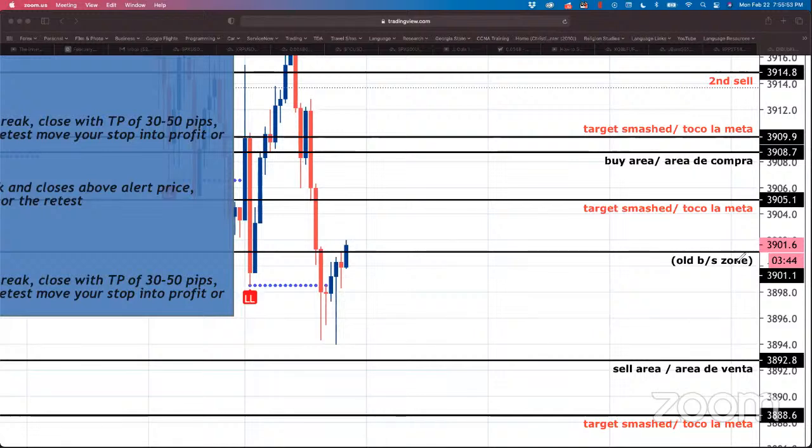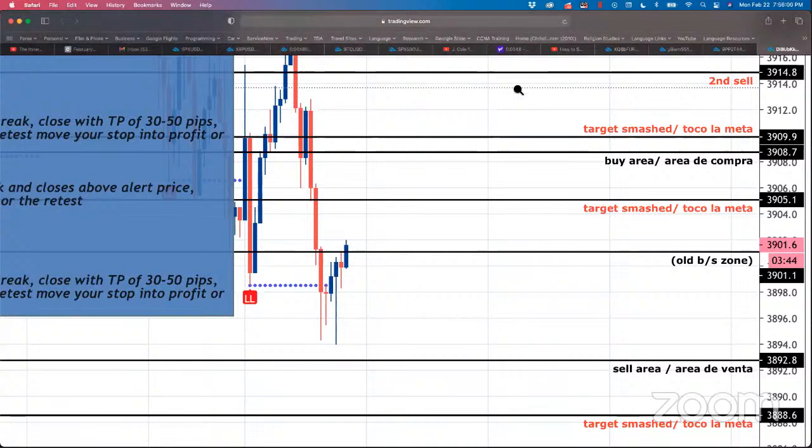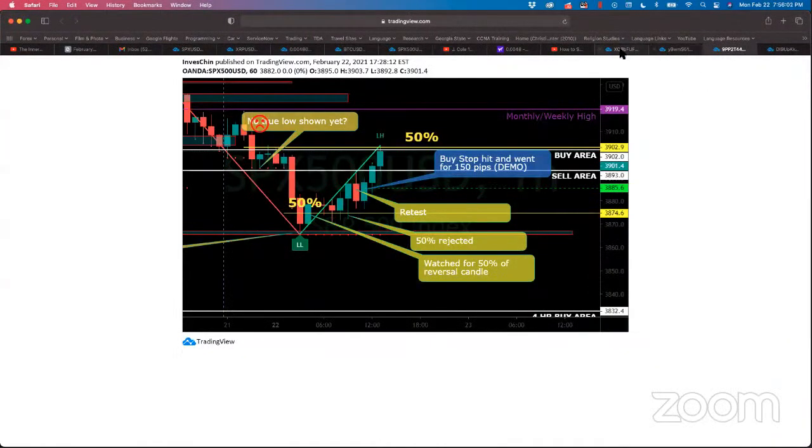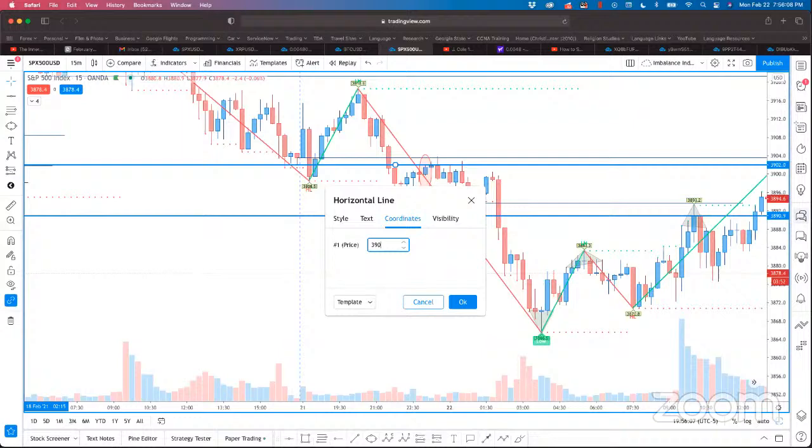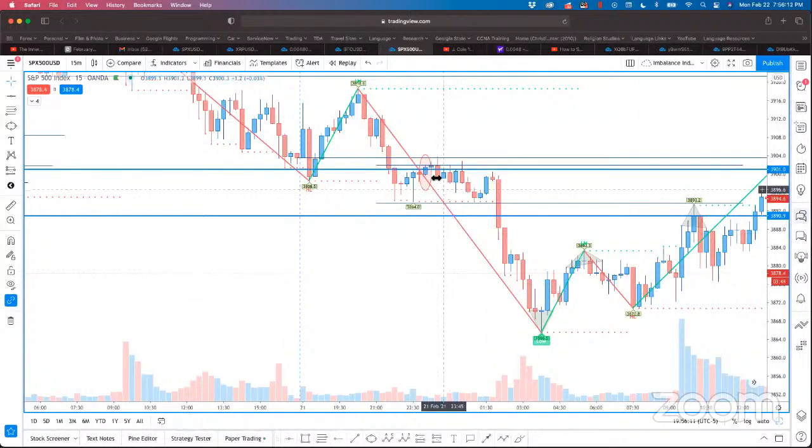And it looked like the actual zone was at 3901, right? If we just look at the chart, 3901. This is broke, right? That's probably why the trade was called out, because at the zone at that time, this did break and close above.